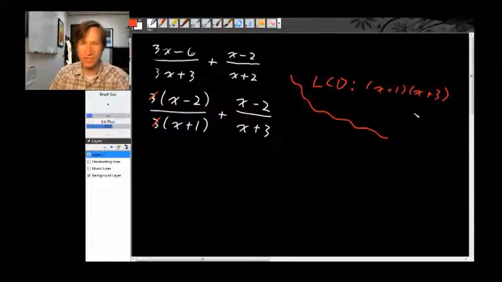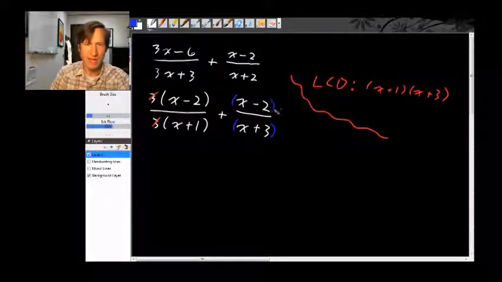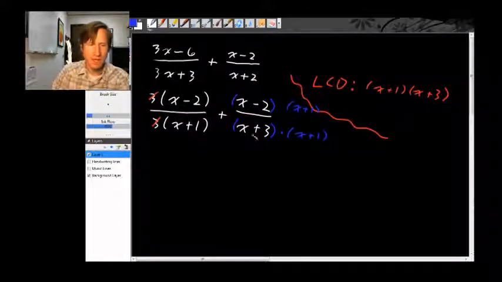So let's arrange to make this common denominator appear. The way we do that is to multiply on the right-hand rational expression. The missing part of the denominator we want is x + 1. So let's multiply numerator and denominator by x + 1. And on the left-hand rational expression, the missing part of the common denominator is x + 3.